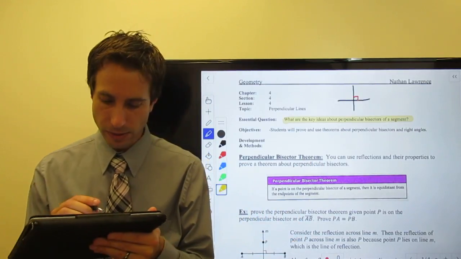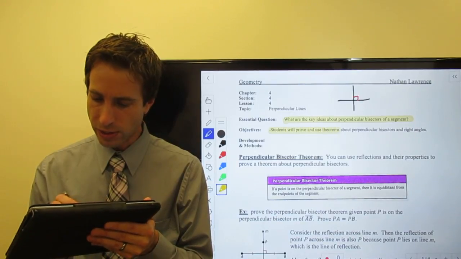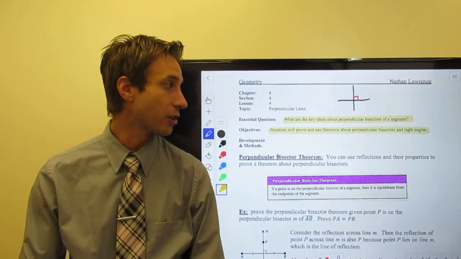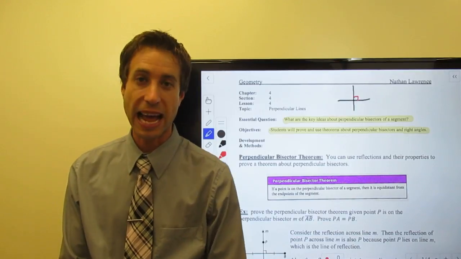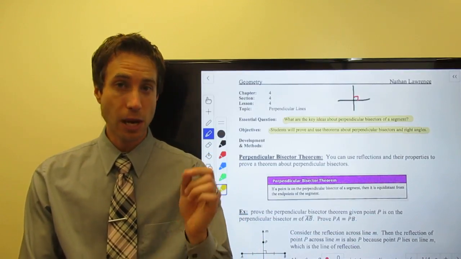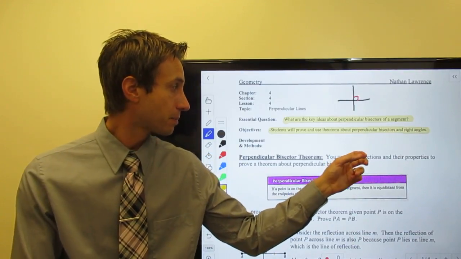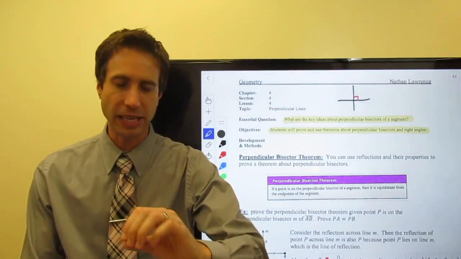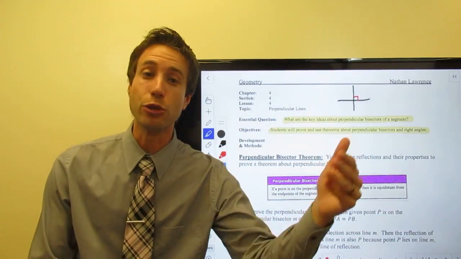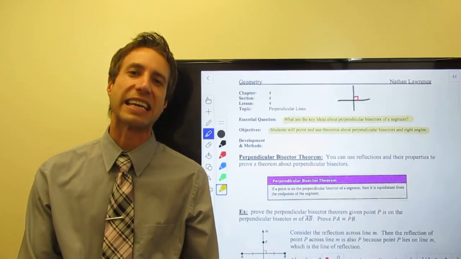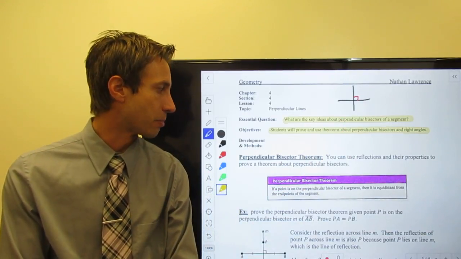So our objective is to prove and use theorems about perpendicular bisectors and right angles. As we talk about these theorems, postulates, and perpendicular bisectors, you could use those to let me know what the key ideas about perpendicular bisectors are.